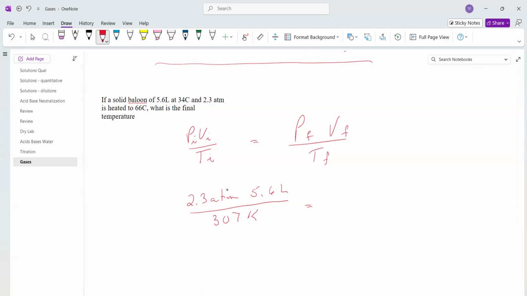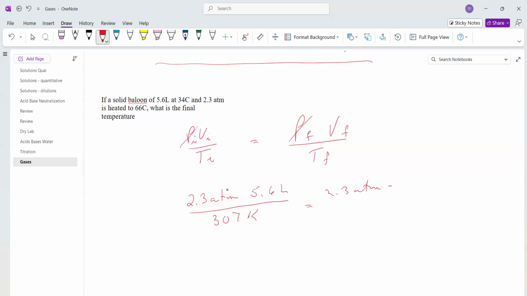Now, if you don't specify a pressure changing, assume it's constant. Okay? So that means the P's cancel. Those are constant. Okay, so the liters, because it's solid, does it change?